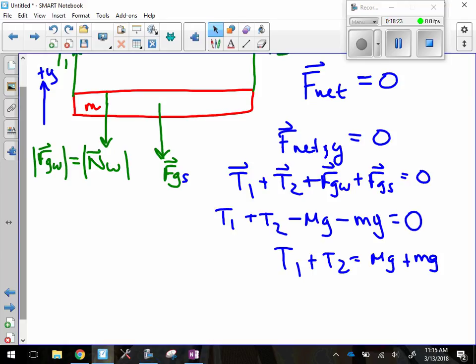What else do I know about equilibrium though? I know that the angular what? I know the angular momentum is 0, which means what else is 0? Tau net is 0.